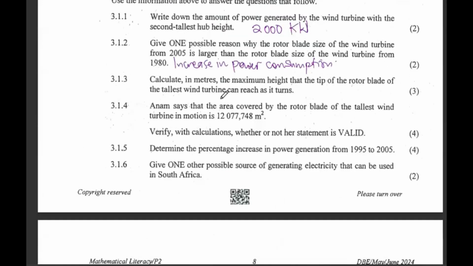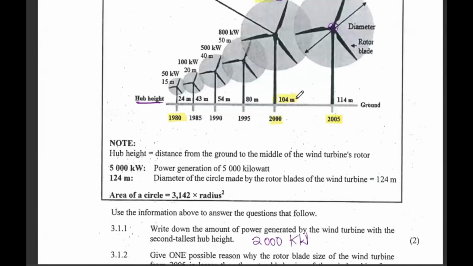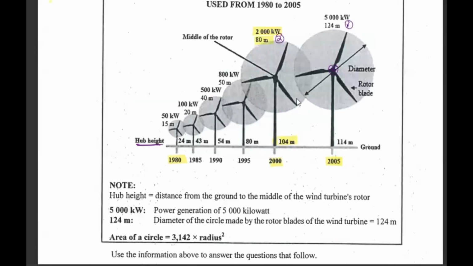So here they're telling us the maximum height of the tip of the rotor blade of the tallest. So from here up to there, it's 114 meters. Then from there to there, what will it be? It will be the radius.